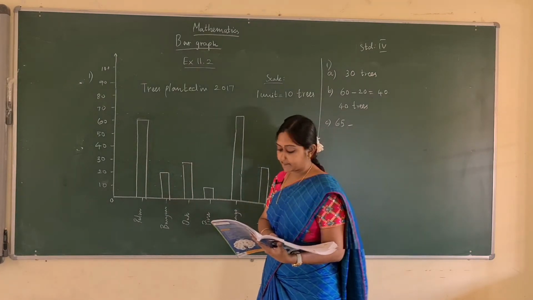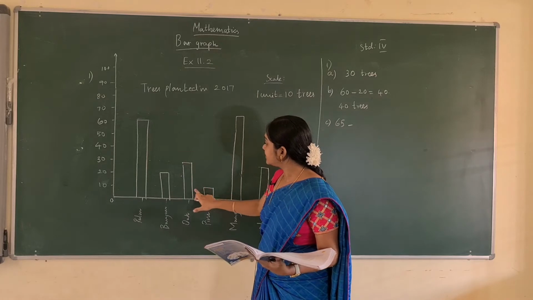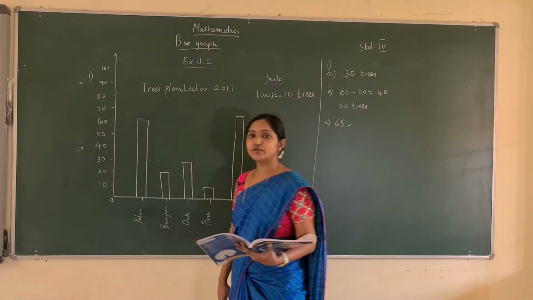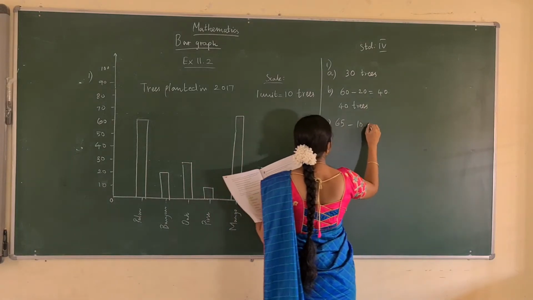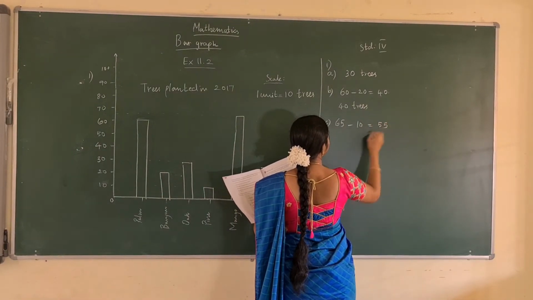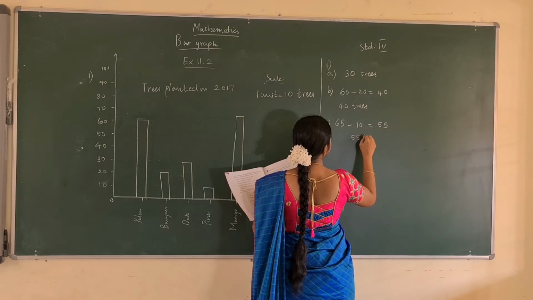Next we compare pine tree. For pine tree the number is 10. So we have to subtract 10 from 65. 65 minus 10 is 55. So the answer is 55 trees.